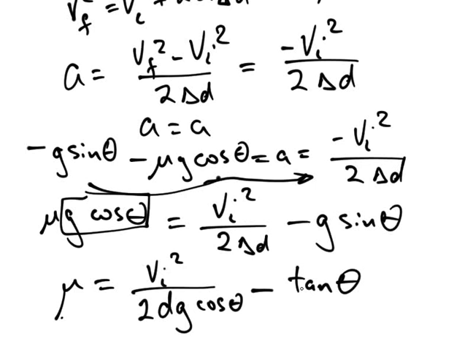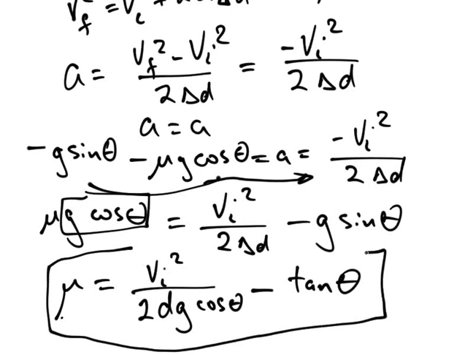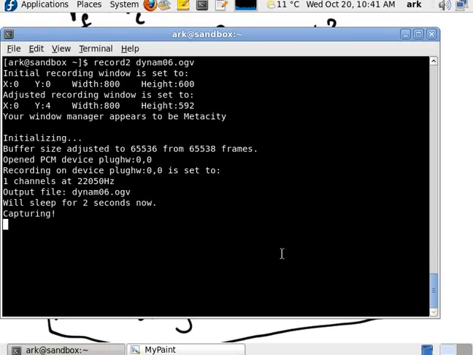Now I'm going to divide everything by this term, and so I can say finally mu is equal to vi squared all over 2, and now I'm not going to write delta d, I'm just going to write d, g cosine theta minus, g's cancel.